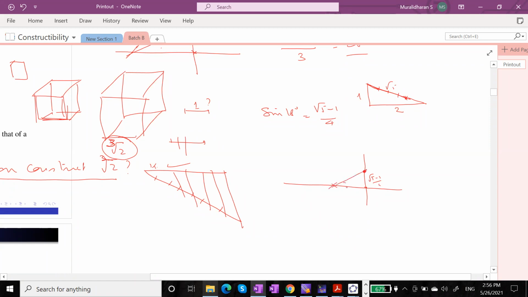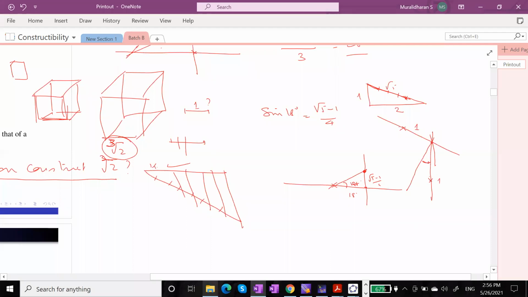Then I would have got this as 18 degrees. Since I can construct 18 degrees, I just take a line like this, take a point like this, draw a perpendicular, and then draw this 18 degrees like this one. Once I do that, I can mark off 1 distance here and 1 distance here.